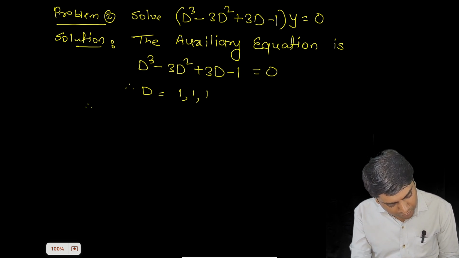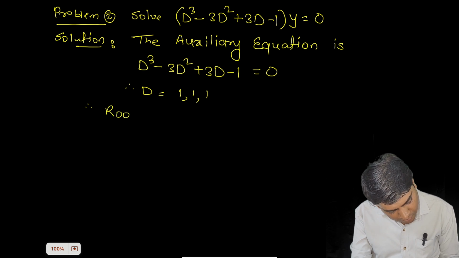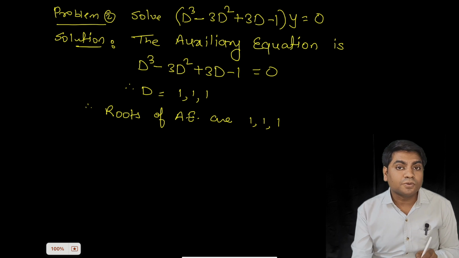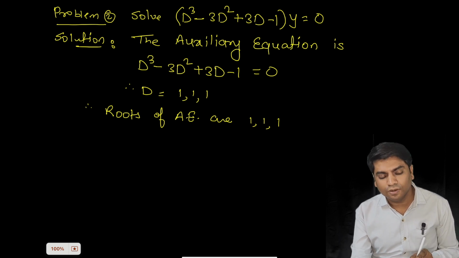So therefore the roots of the auxiliary equation are 1, 1, 1. Okay, so all roots are repeated and real.